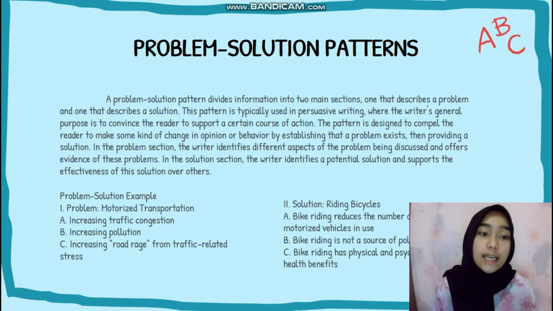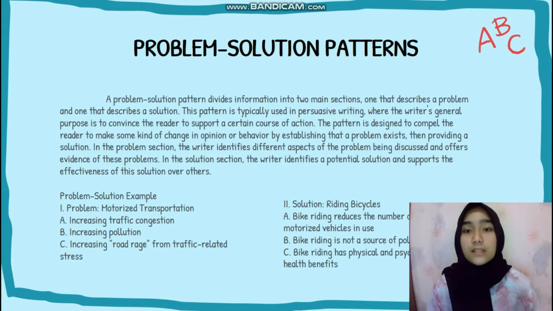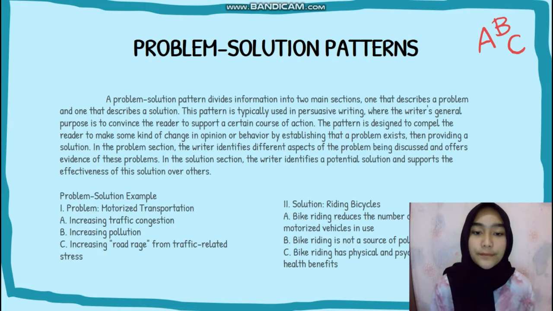C. Increasing road rage from traffic-related stress. The solution of the problem is riding bicycles. A. Bike riding reduces the number of motorized vehicles in use. B. Bike riding is not a source of pollution. C. Bike riding has physical and psychological health benefits.